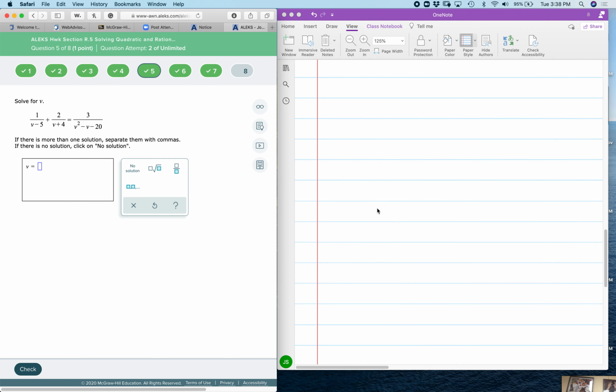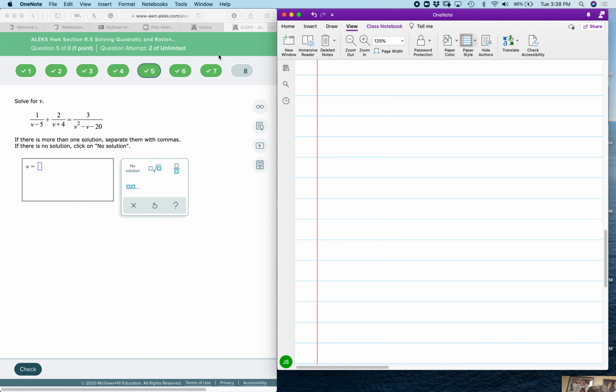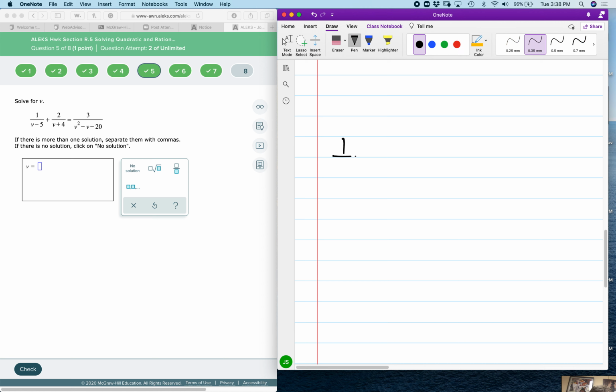And for the next item, we have an equation and we're looking at solving for v. So we have 1 over v minus 5 plus 2 over v plus 4 is equal to 3. Now for v squared minus v minus 20, I can write this trinomial in factored form, whereupon we have v minus 5 as well as v plus 4.